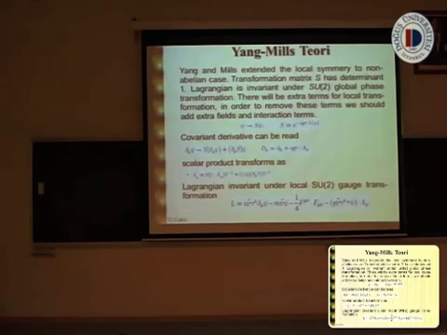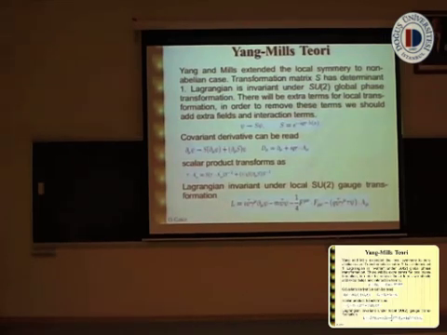So the covariant derivative in this case can be read as this one, with the extra term here, and then the scalar product transformation here. Then we will have the Lagrangian, which is invariant under local SU(2) gauge transformation.